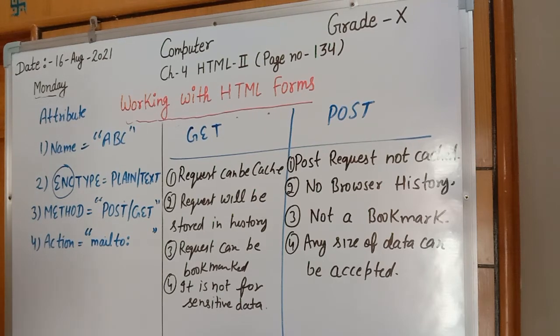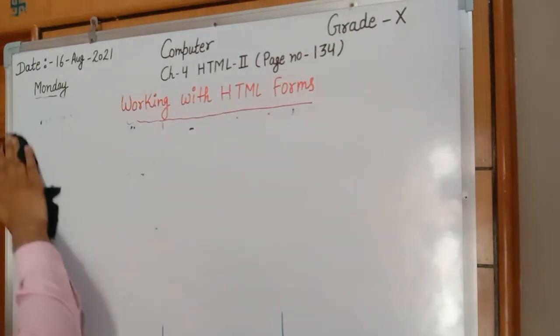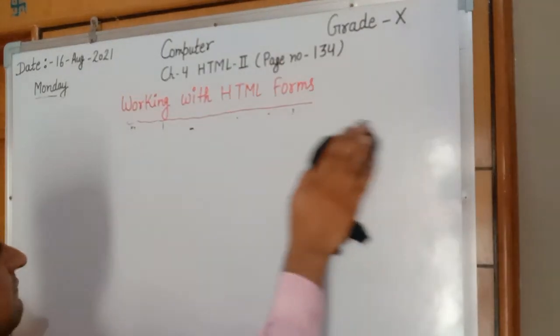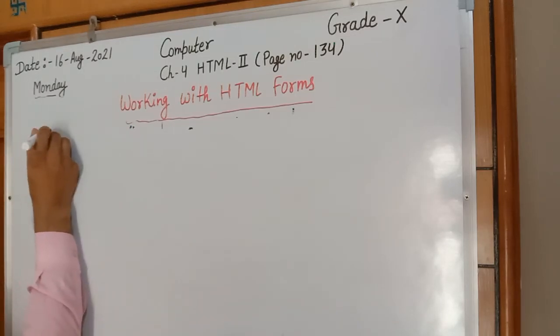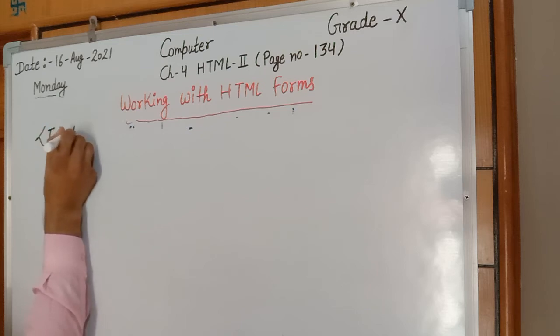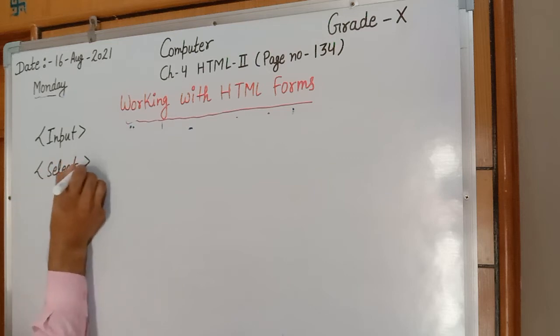So now we are on the concept of different types of elements that are used inside the form tag. The different types of elements are the input tag, second is select, and third is text area.